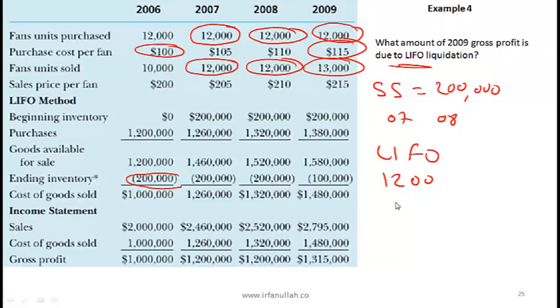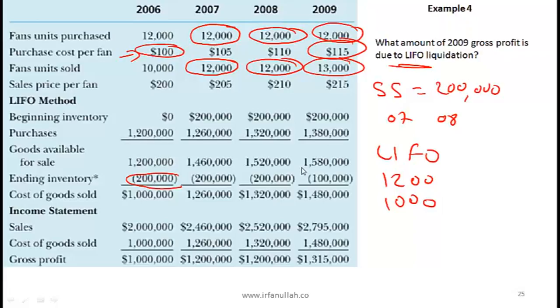What about the remaining 1,000? That would be costed, so now this is the LIFO liquidation. This is now dipping into this cost of 100. So the fact that we are dipping into that old very low cost, which is 15% lower, will that inflate our profits?